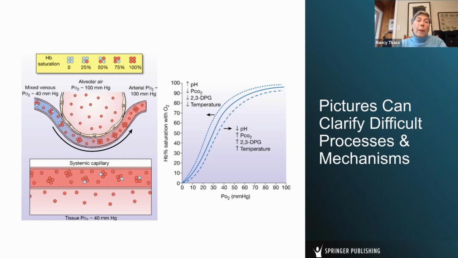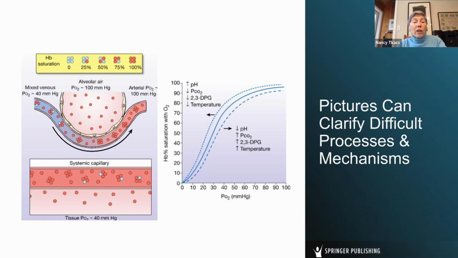So it's full. At the top here, we have alveolar air with a PO2 of about 100 millimeters of mercury. As the mixed venous blood comes through the alveolar capillary, those hemoglobin molecules are loading up with oxygen until you have blood leaving to go to the left side of the heart, bearing an arterial PO2 close to 100 millimeters of mercury.